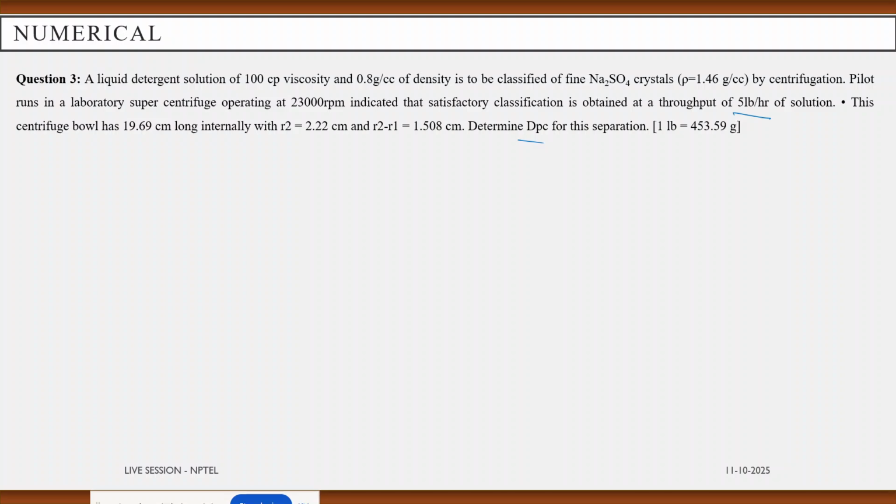It is also very straightforward that throughput is given 5 lb per hour.